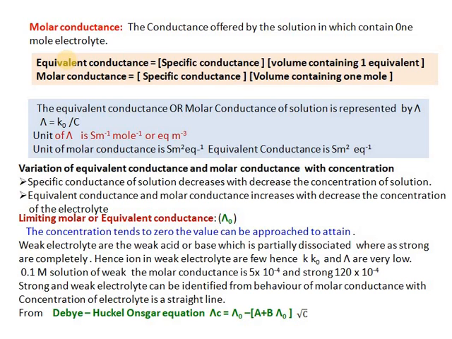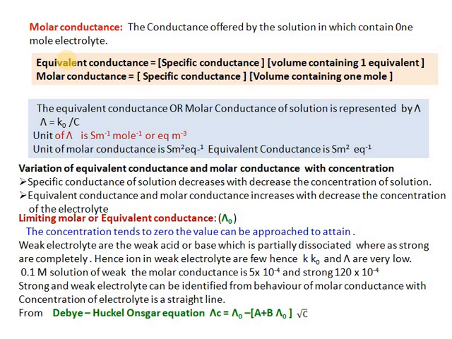But such a conductance will depend on the number of ions present in the unit volume of the solution, and therefore the specific conductance will decrease with the decrease in the concentration of the electrolyte.